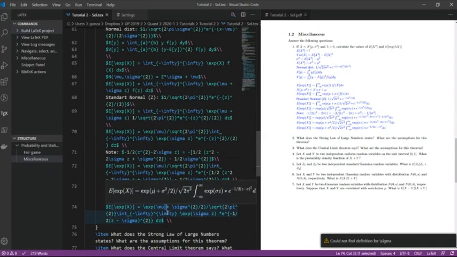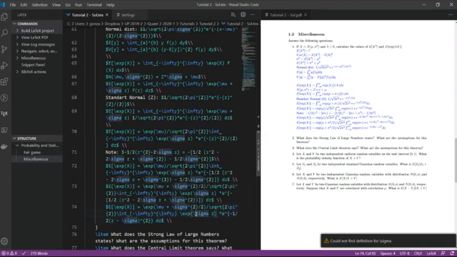So this one, this one. Where is this? This one. I already merged this one into the squares.